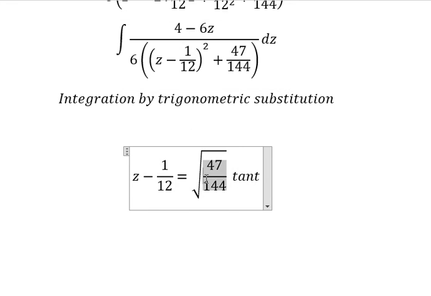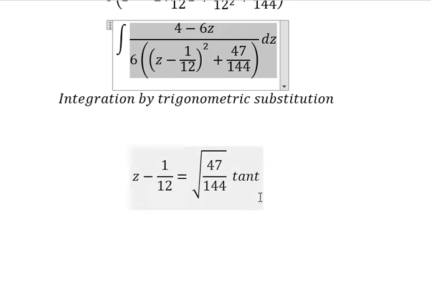This one and this one we can do factorization. Tan t squared plus 1, we change to secant t squared, and later we simplify by dz.